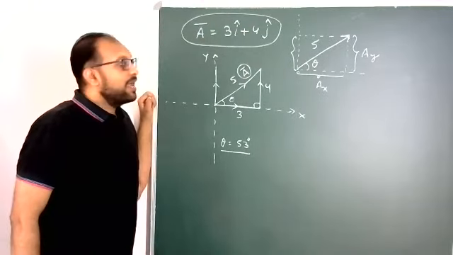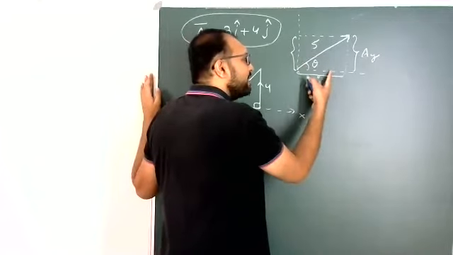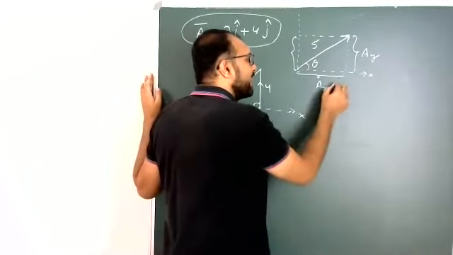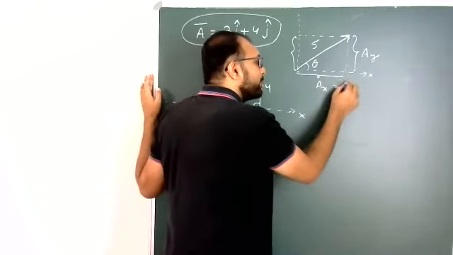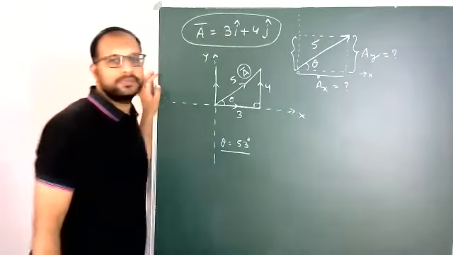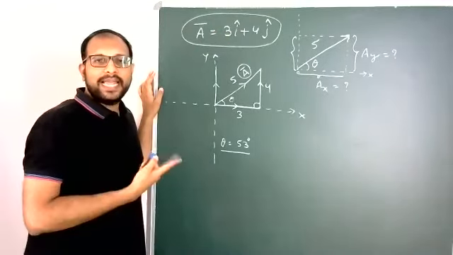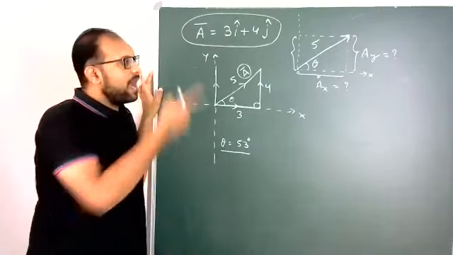Right, students? Now our target is the projection of this vector on the x-axis, known as the x component of A bar. How much is this x component? How much is this y component? Yes, in this right angle triangle, how much is the adjacent side? How much is the opposite side?